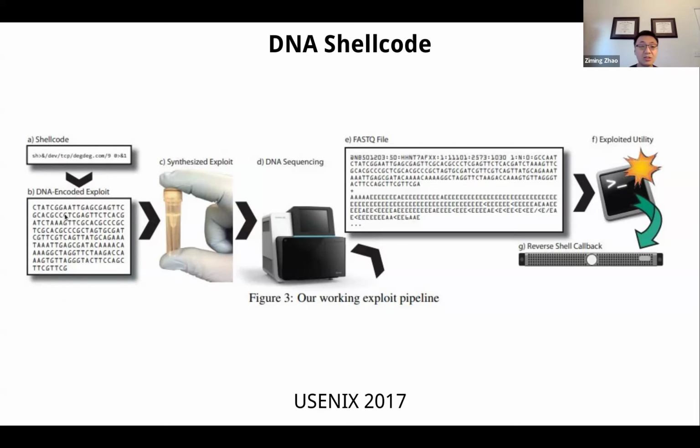Those 4 letters, nothing else. So how can we encode a very complicated shellcode like what we saw before, like 20 bytes, 40 bytes, 120 bytes? But now we can only use 4 letters, CATG, to encode that.